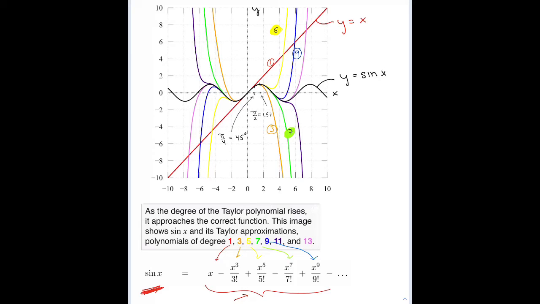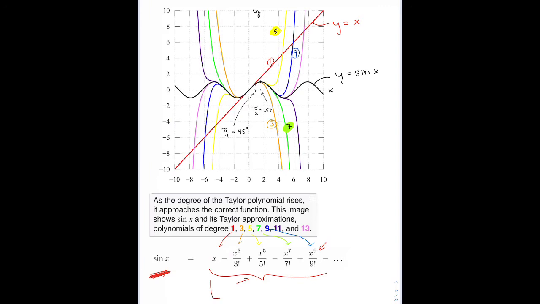If I look at the blue curve, the blue one is the 9. If I keep the terms all the way up through the 9th power, you put all that in your calculator or a computer and graph it, it's going to look like the blue line.